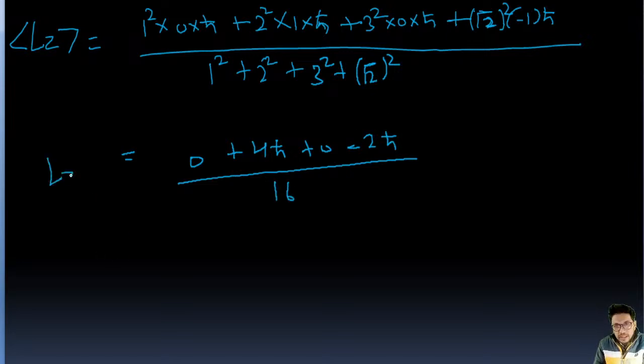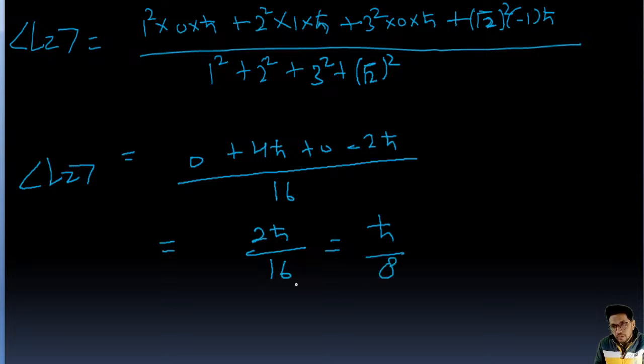This is Lz, and it is 2 h cut upon 16, because 4 h cut minus 2 h cut is 2 h cut, and that is h cut upon 8. So the expectation value of Lz is h cut by 8. This is the answer, guys.